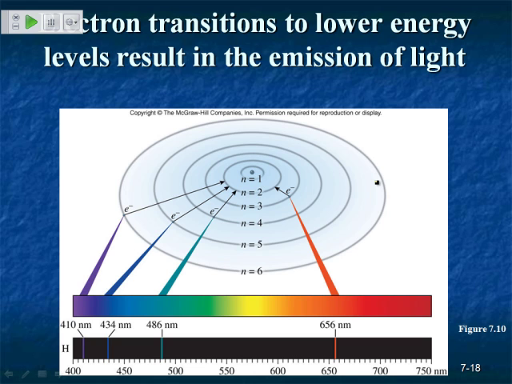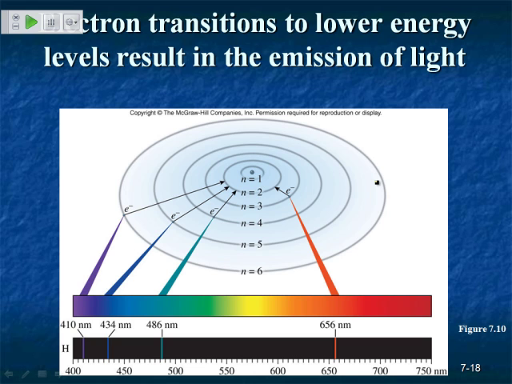When this electron goes back to n equals 2, now 2 has an amount of energy, 6 has a much higher amount of energy. So if it is going from 6 to 2, the difference in energy between those two levels, that energy is being released.